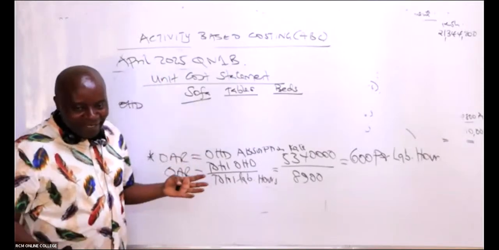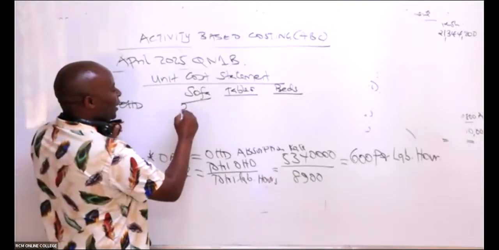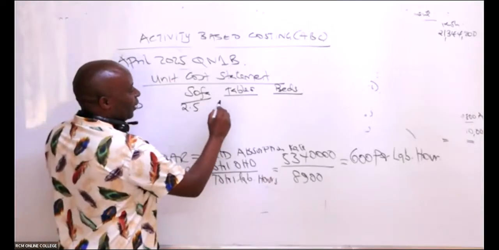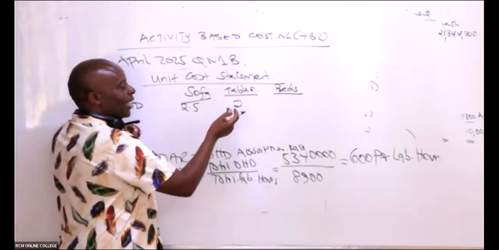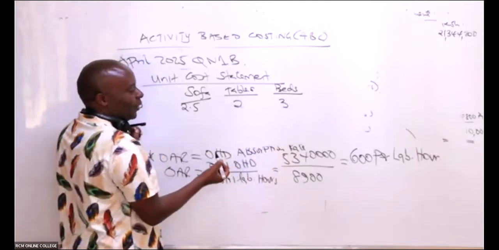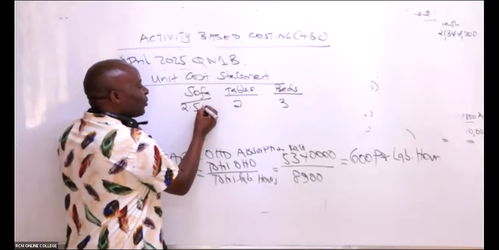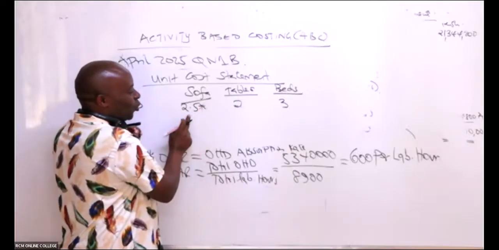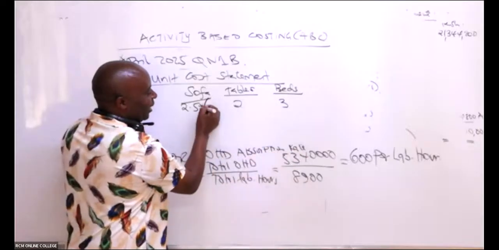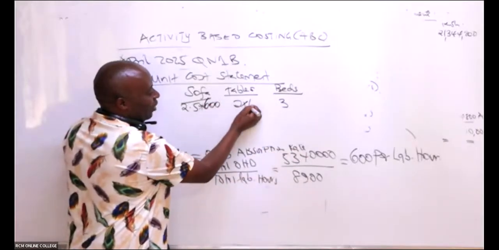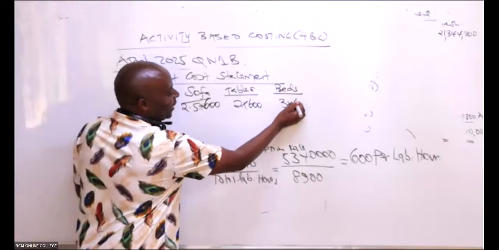It's given there, 2.5. Tables need 2 hours to make one table. And beds, 3 hours. Overhead per hour is 600.